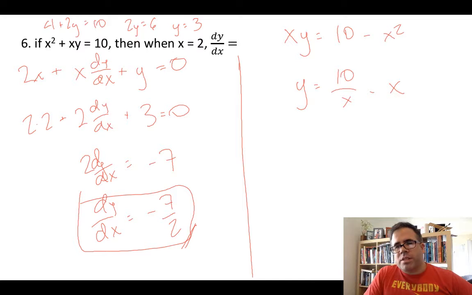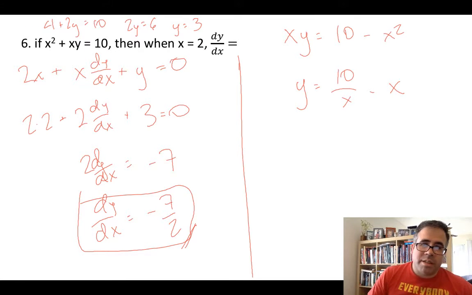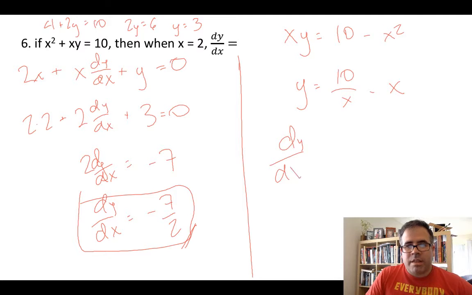And you can leave this as 10 minus x squared over x, as a fraction. It's going to be easier to take the derivative this way, because you can take the derivative term by term. So the derivative of y is, of course, dy/dx. The derivative of 10 over x is going to be -10 over x squared. And the derivative of x is just 1.